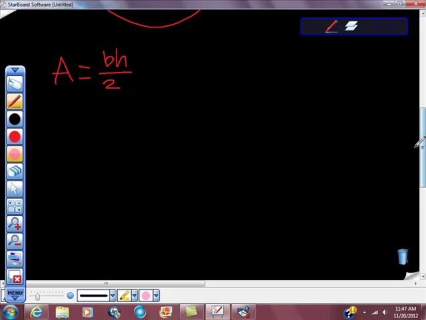So down here I'm going to draw it again. Let's say that's the middle of the triangle above there. This is height, this is 6, and this is b.